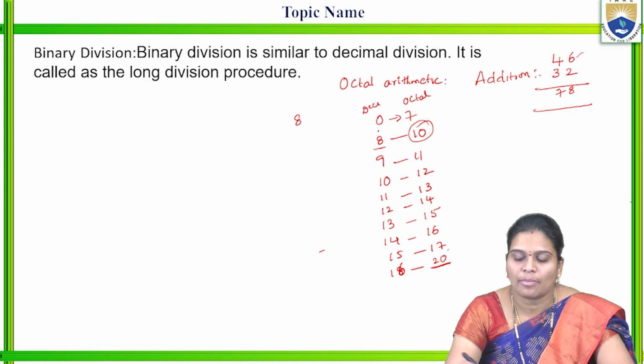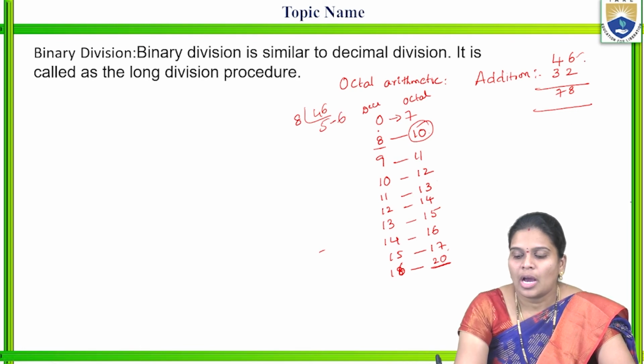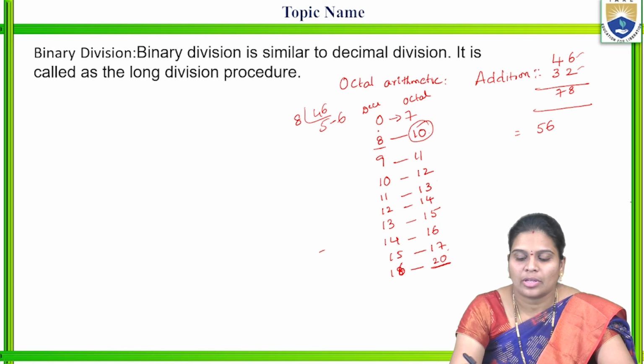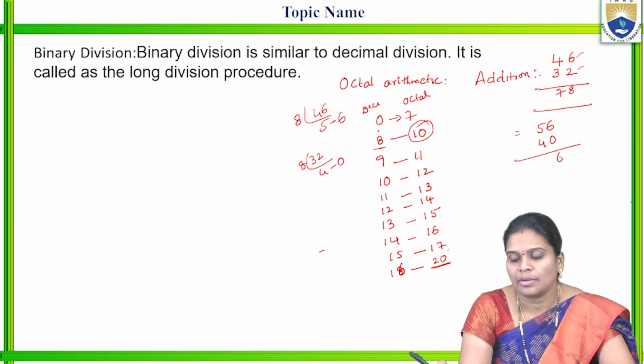So 46 is there. The octal value of this 46 is 56. Next one, 32, the octal value is 40. Okay, 6 is there.